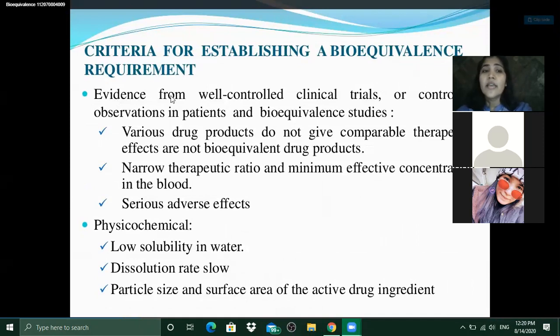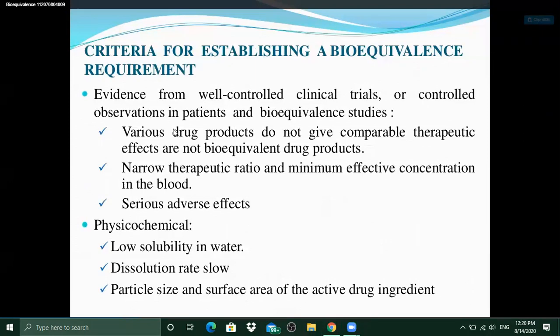First is evidence from well-controlled clinical trials or controlled observations in patients and bioequivalence studies. Various drug products that do not give comparable therapeutic effects are not bioequivalent drug products. Narrow therapeutic ratio and minimum effective concentration in the blood.